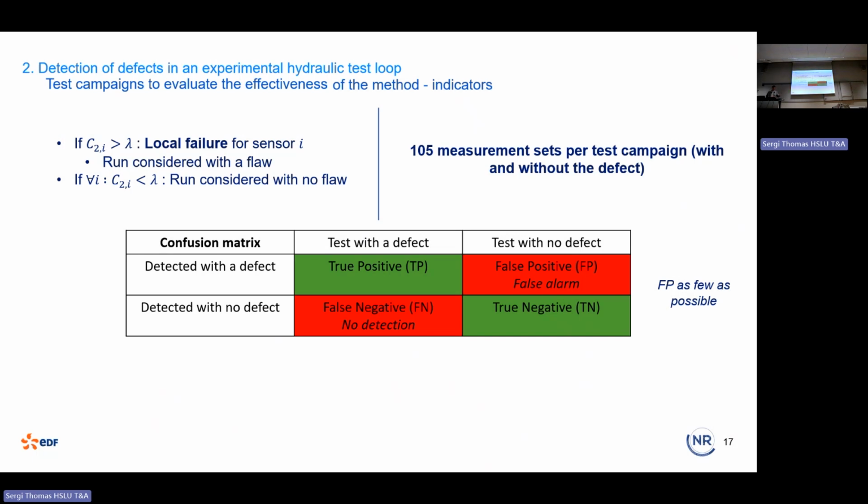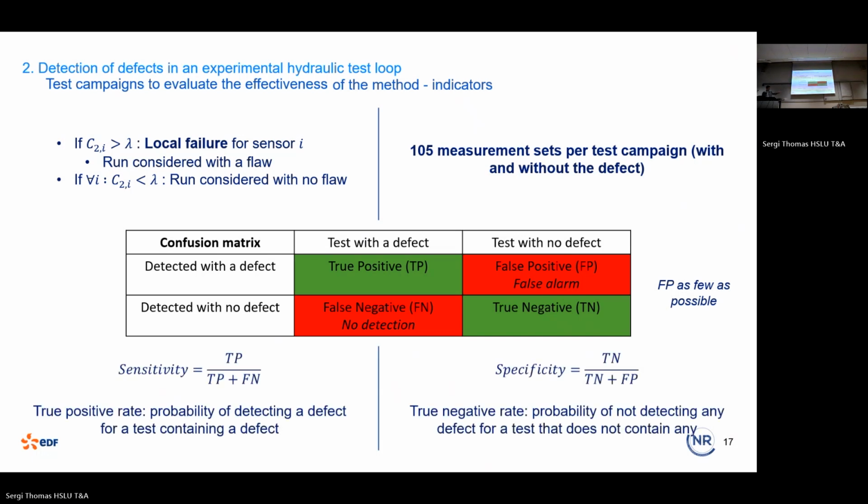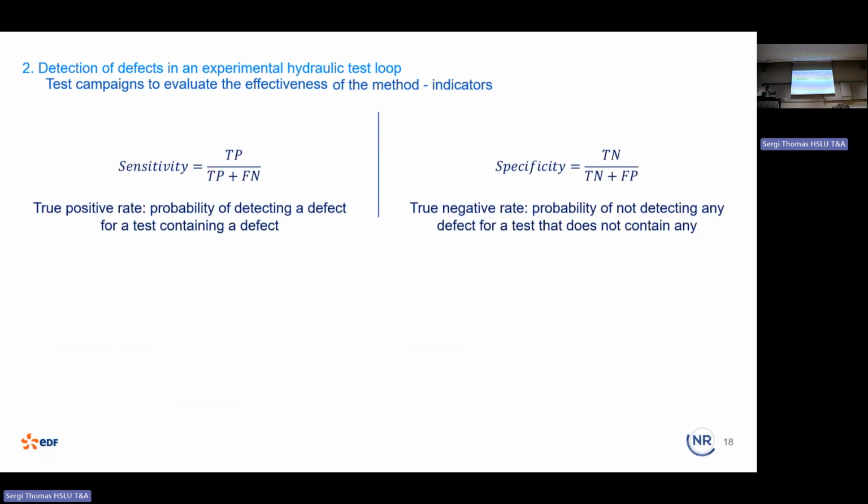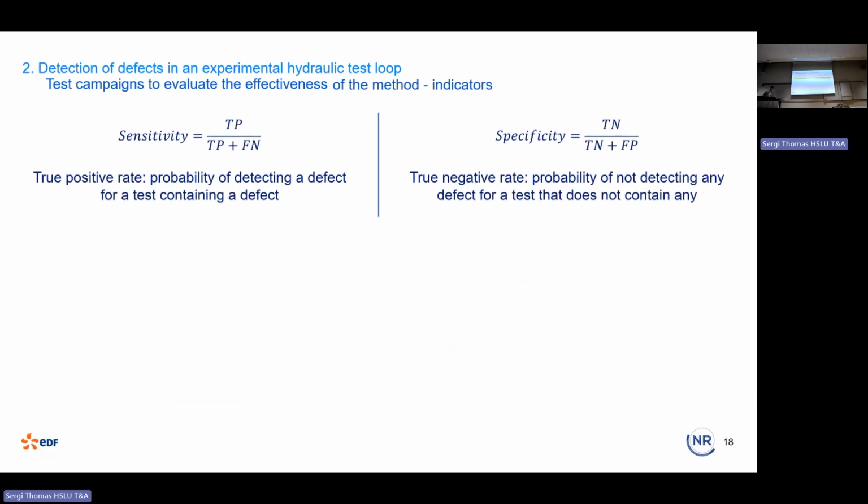That's why we want as few false alarms as possible. To see the effectiveness of the method, we can compute sensitivity and specificity. Those two numbers should be equal to 1 for a perfect diagnostic. It means you have detected all your defects and you have no false alarms.